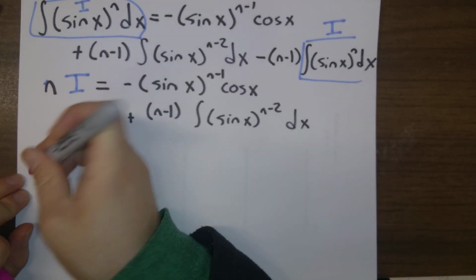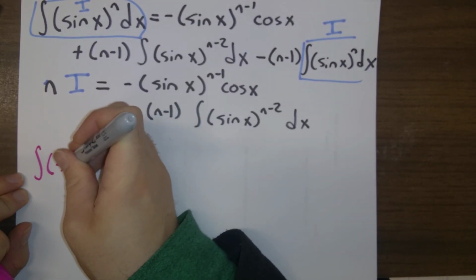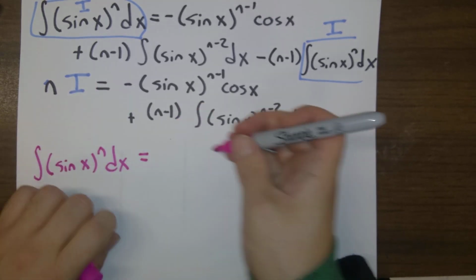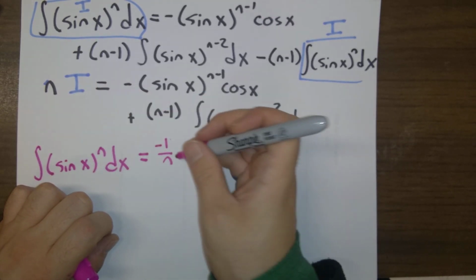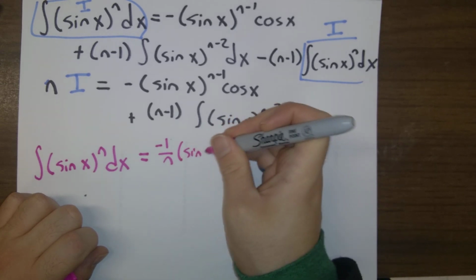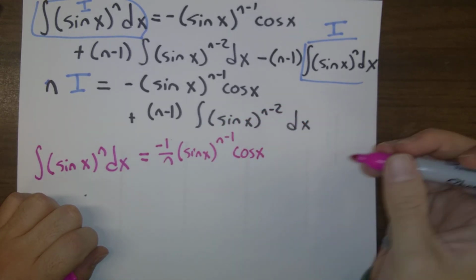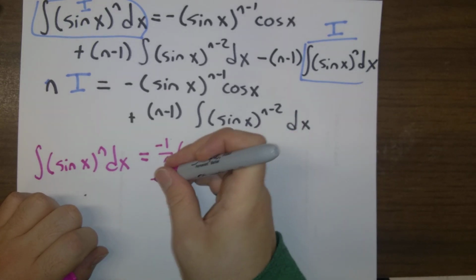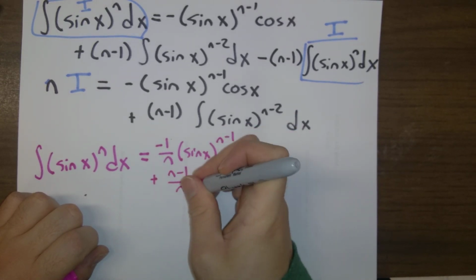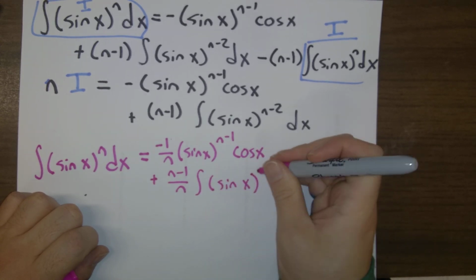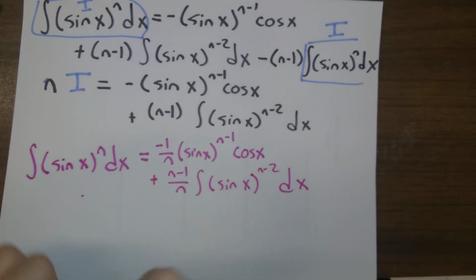And so I, the thing we're going for, is minus 1 over n, sine x raised to the n minus 1 power cosine x, plus n minus 1 over n times the integral of sine x raised to the n minus 2 power dx.